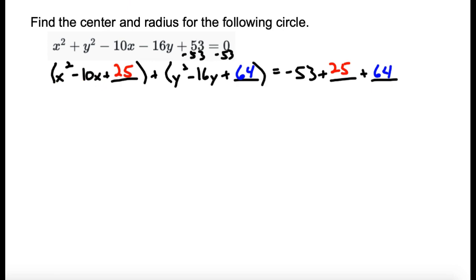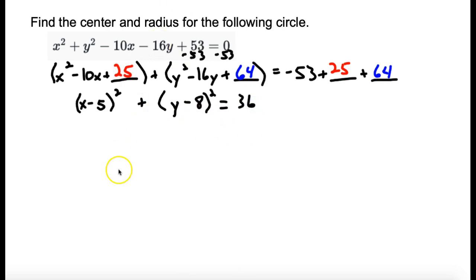All right, so this will just end up being x and then half of b. So half of negative 10 is negative 5. So this will be x minus 5 squared plus, here, if I take half of b, we'll have y minus 8 squared. And then over here, negative 53 plus 25 plus 64 is 36.